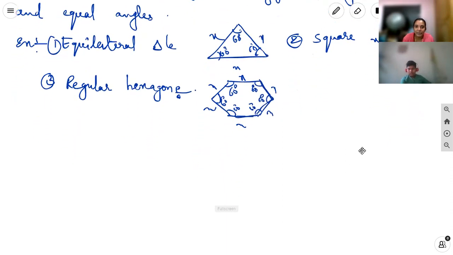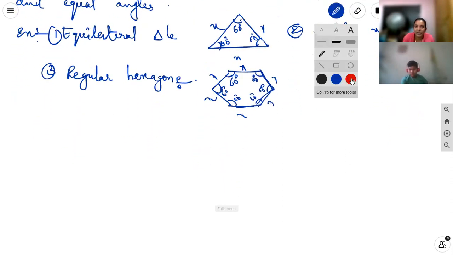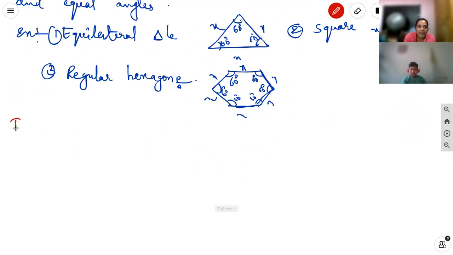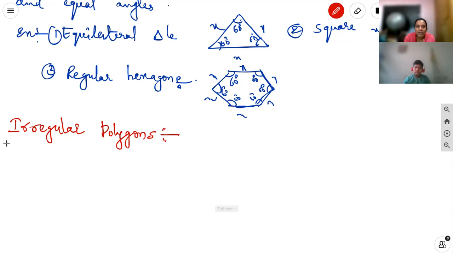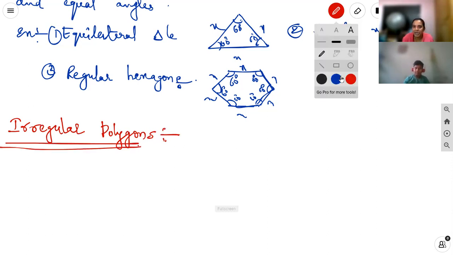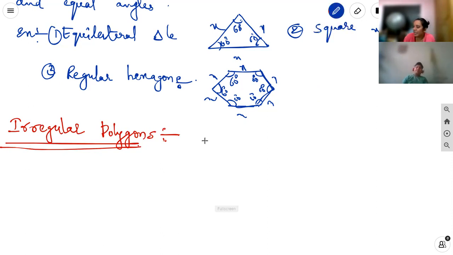And the second type is the irregular polygons. Irregular polygons means not equal sides, not equal angles. That is called irregular polygons.